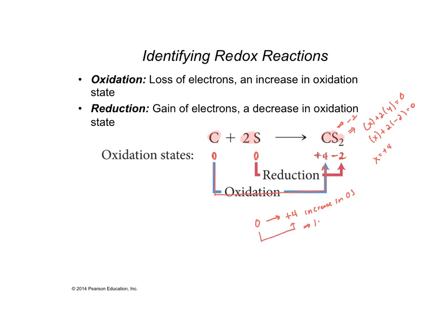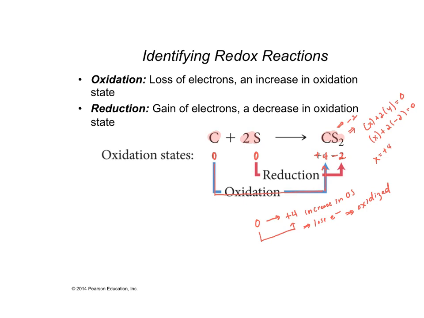Well, this guy has to lose electrons to do that, right? So to increase the oxidation state, you have to lose electrons, and so that's how you know that carbon has been oxidized in this reaction. It lost electrons, it was oxidized, this is oxidation, okay? Again, that manifests itself as an increase in oxidation state in going from a reactant to a product.